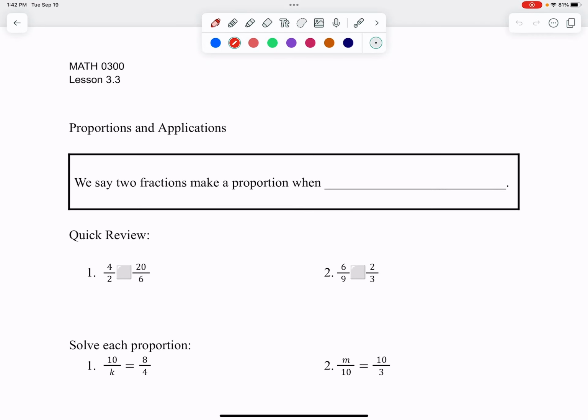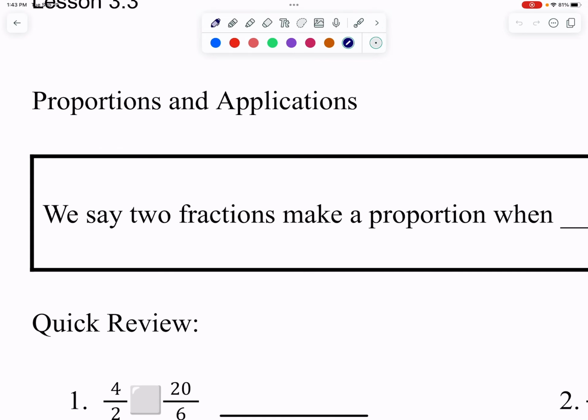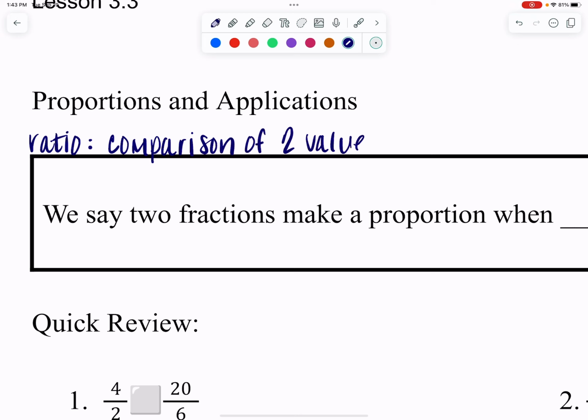Now, a long time ago in a galaxy far away, we talked about ratios, and we said that a ratio was simply a comparison of two values. It didn't matter what two values we picked.